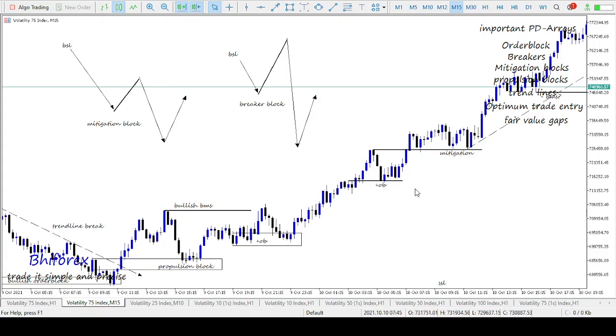Okay, so I'll show you a typical example of mitigation. As you can see, this is a swing low right here. This is a swing low, at least before the massive rally to the upside. 70992.46 is a swing low, and then which other swing low can we spot here?